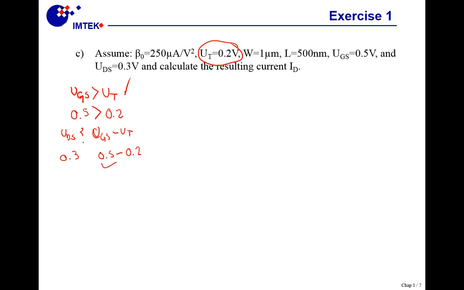If we make the calculation in our head, VGS minus VT is 0.3 volts, so these terms are equal.